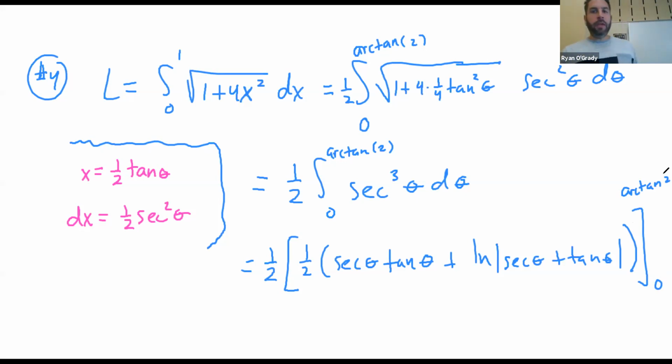Now, there are a couple of things that are useful to figure out before you start plugging these numbers in. So let's look at some basic things. First off, what's the secant of 0? The secant of 0, not the secant of theta, the secant of 0 is 1. The tangent of 0 is 0.